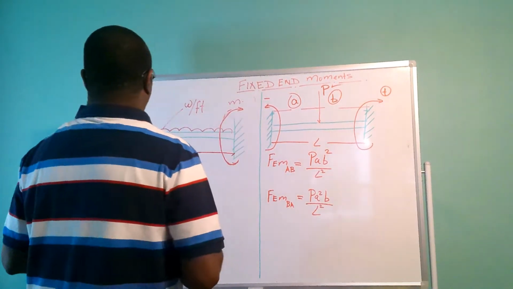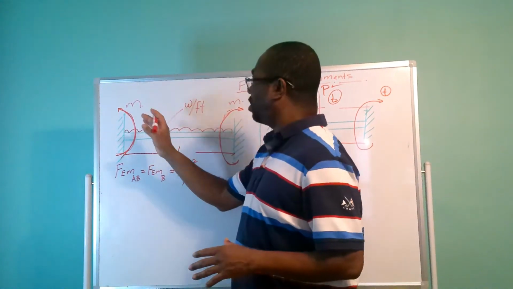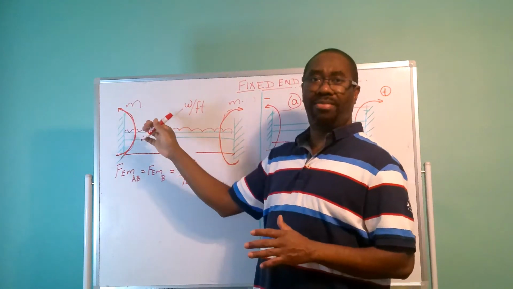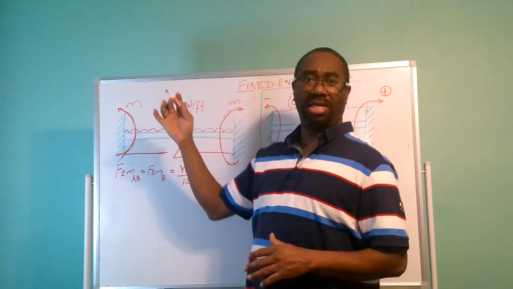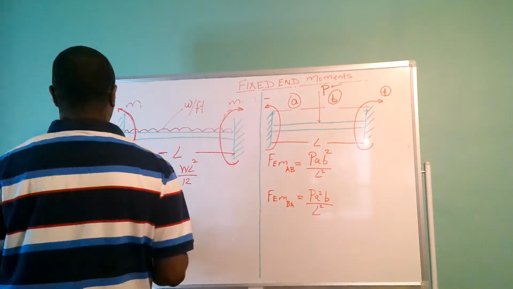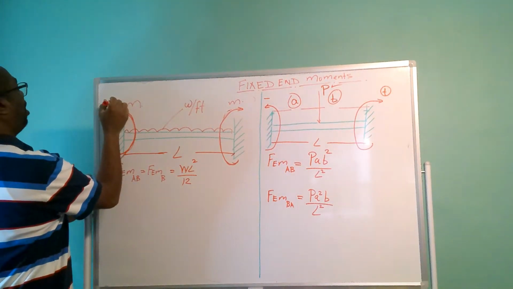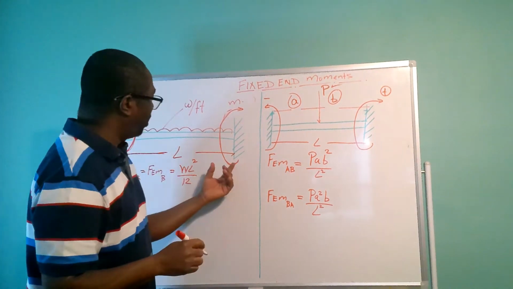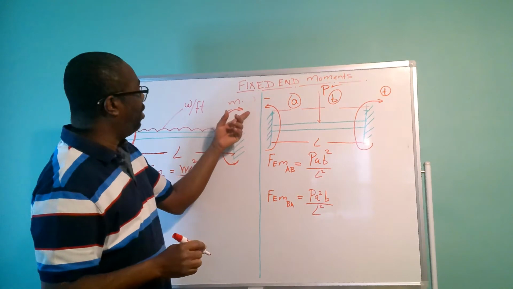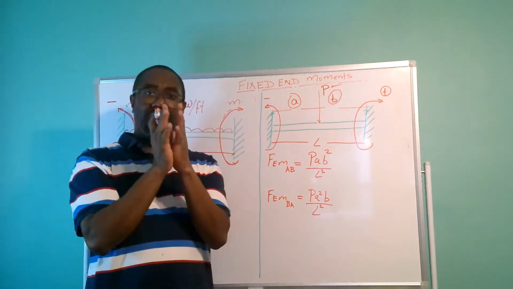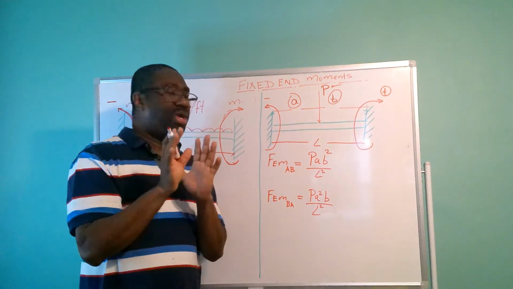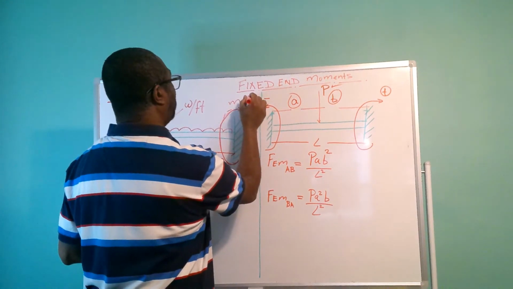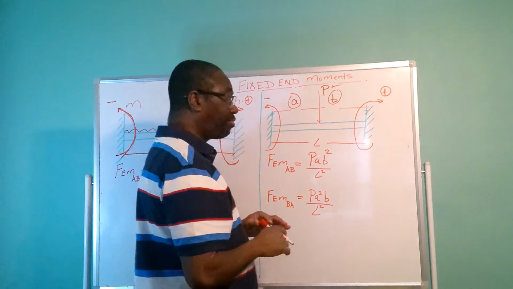This moment is tending to turn the beam in the anti-clockwise direction. We usually denote anti-clockwise direction with a minus. And since at this end the moment is turning the beam in a clockwise direction, we denote clockwise direction by a plus sign or a positive sign.